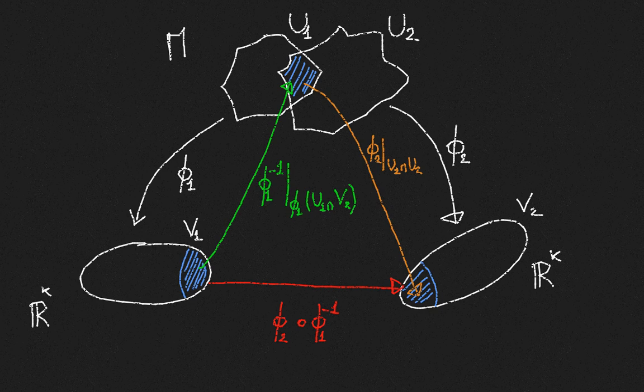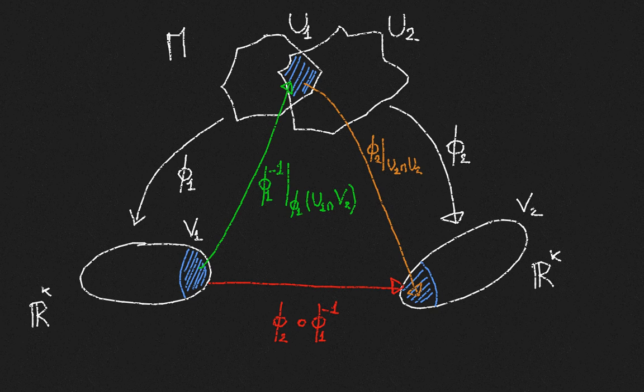So for this red map, we can ask that it is anything like smooth, a diffeomorphism, whatever, because it's in Rk. If we are asking it to be smooth, we just mean that the k components of the map are differentiable functions of the k coordinates. And to ask that it's a diffeomorphism just means that the Jacobian matrix has to be an invertible matrix. And this has to be injective. By the way, this function is injective because it's a composition of injective maps. And phi1 and phi2 are bijections, so the set theoretic part works.